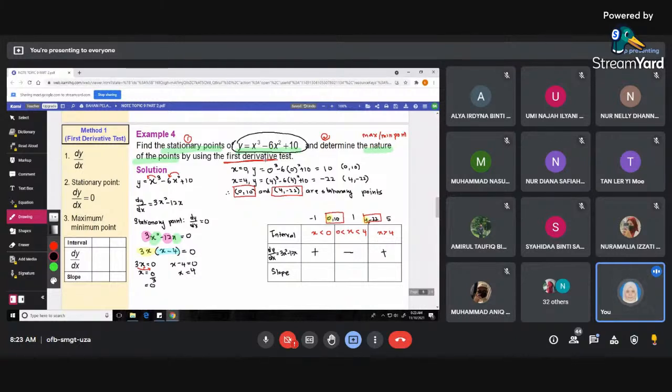Okay, so you have two slopes, right? If positive, increasing. If negative, decreasing. So check here. Positive. Okay, increase or decrease? Increase. Kalau negative here, decrease. If positive here, increase. So you can write here. So 0, 10, is it maximum or minimum?